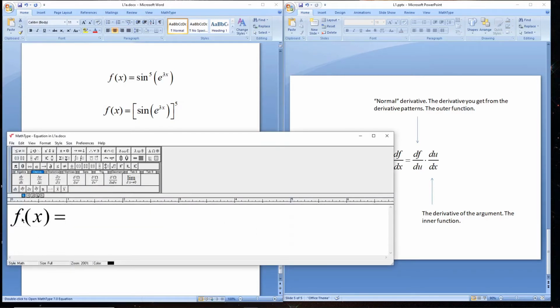We do the outer function first. And we do that straight up. The normal derivative. Just do the regular old derivative. So if you had x to the 5th, you know that derivative is 5x to the 4th. That's what I mean by the straight up derivative. But instead of x, we have sine of e to the 3x.